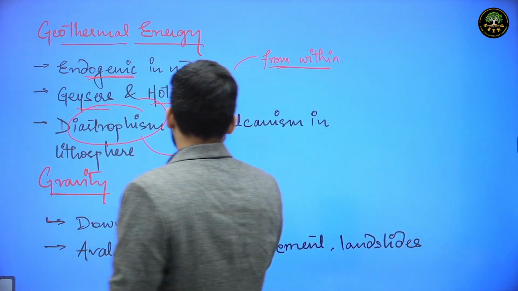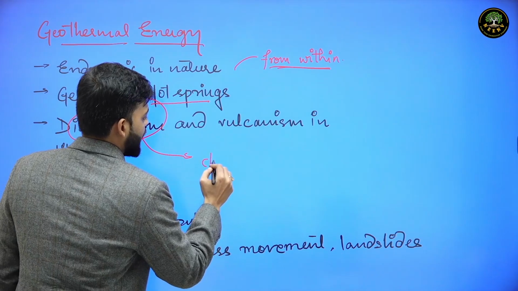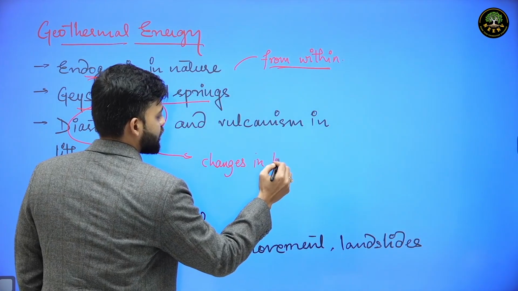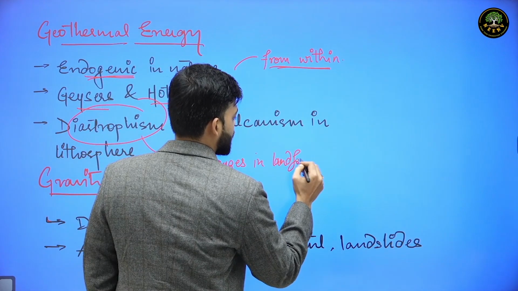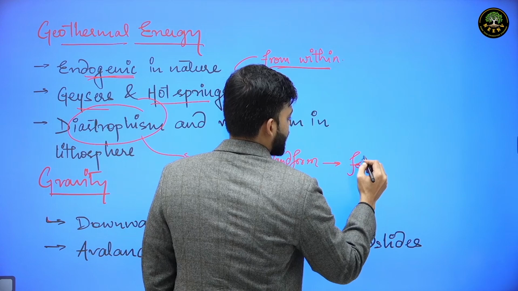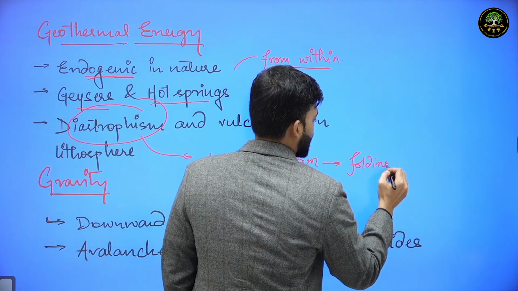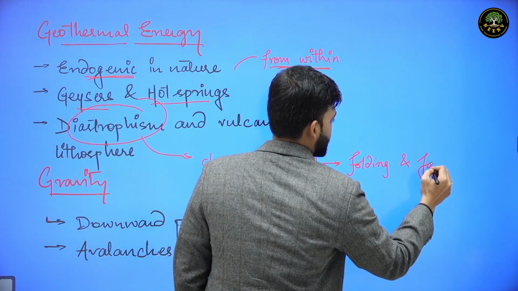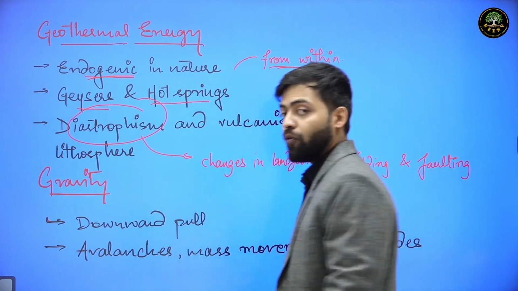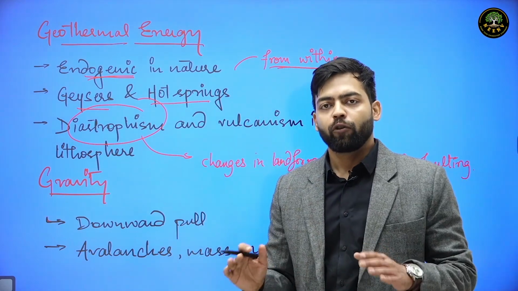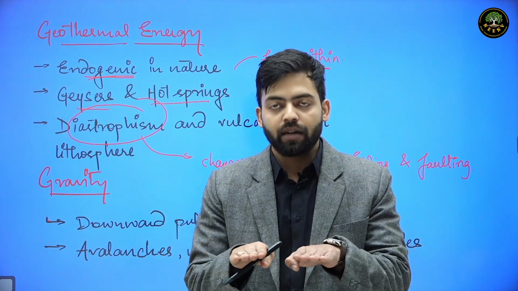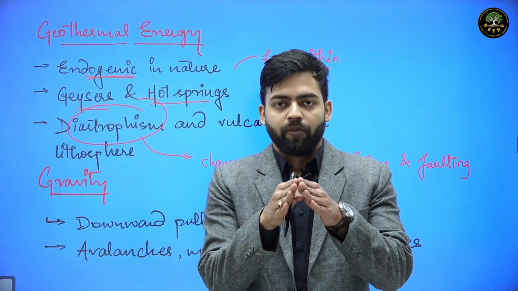Now, what is diastrophism? Diastrophism is nothing but changes in landform because of folding and faulting. Now, what is folding and faulting? Folding is basically when, suppose these are the plates, when these plates come towards each other, they fold upwards.